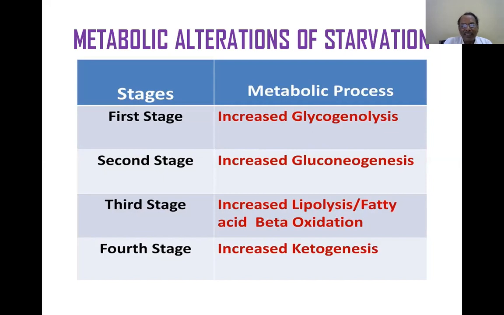You know the ketone body test in the urine, Rothera's test, in which you will see a purple colored ring, because of increased ketone bodies circulating in the blood to supply the energy needs of various organs.